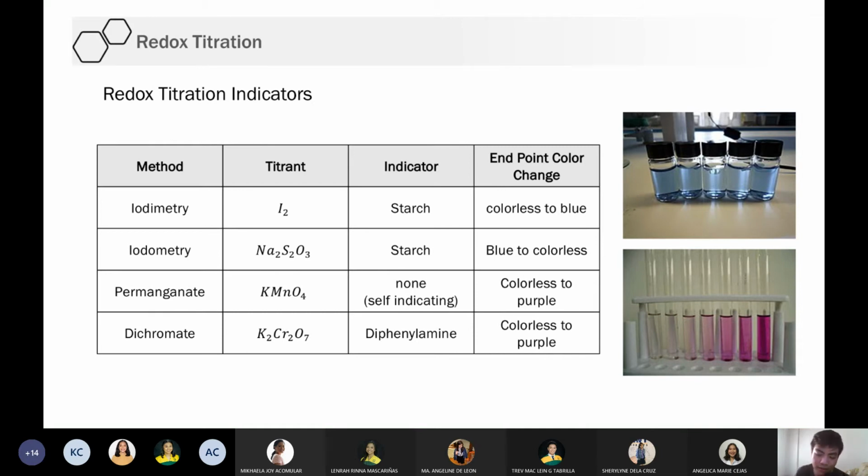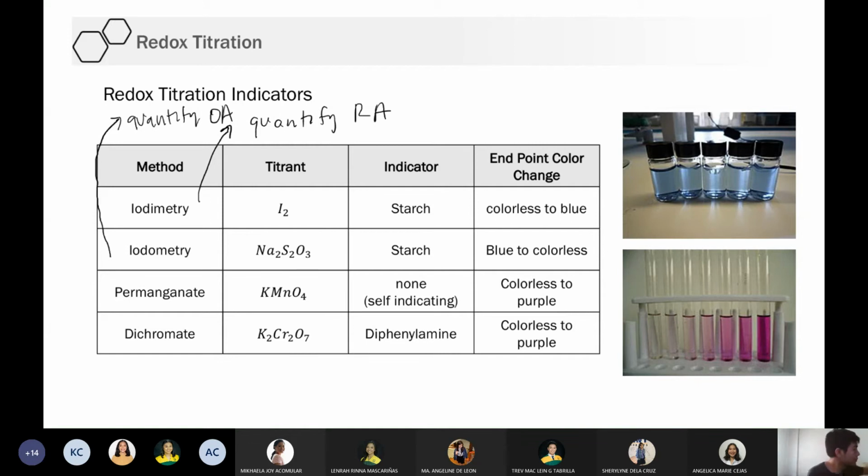So pag sinabi nating iodimetry, this is a way to quantify reducing agents, no? And yung iodometry naman, this is used to quantify oxidizing agents. Baliktad sila. So iodometry, oxidizing agents yung mini-measure niya. Iodimetry, reducing agents ang mini-measure niya.